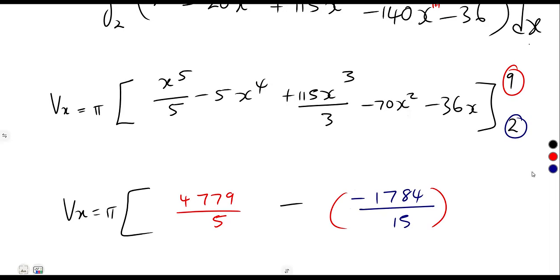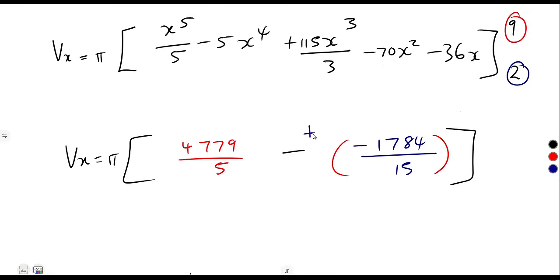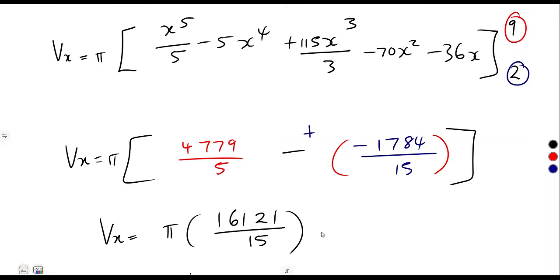That is what you're going to have. So you can simplify by combining both. The negative and negative that you have here is going to give us a positive, so you add those two. That gives us our volume of pi times 16121 over 15.